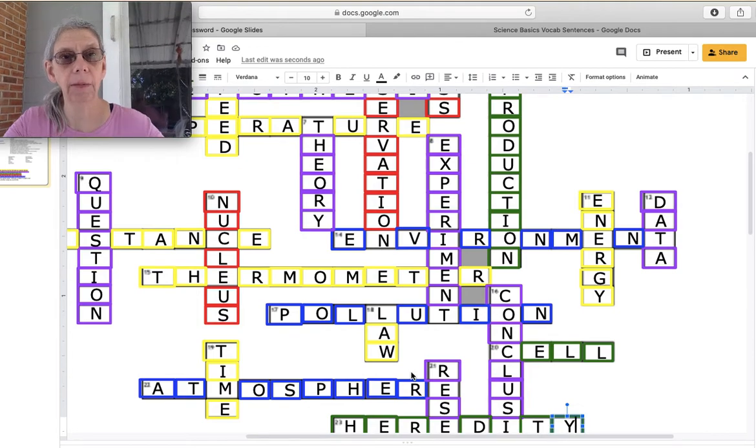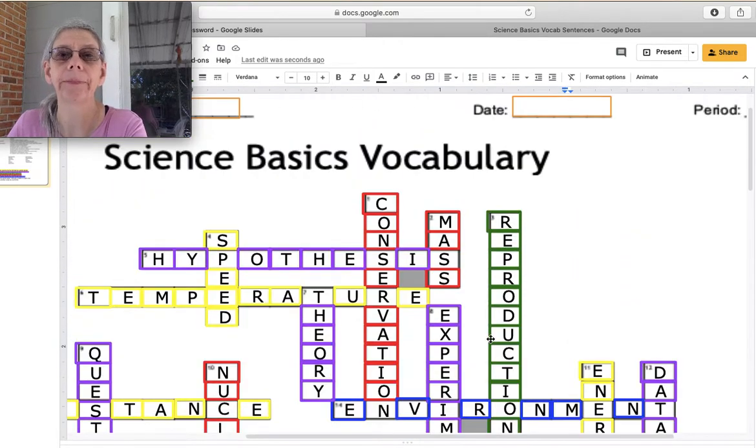Okay, we're not talking about something that the police are going to enforce. So I don't want to see a sentence like, by law, you're only supposed to drive 65 miles per hour on the E-way. Okay, that's not the science meaning of law.